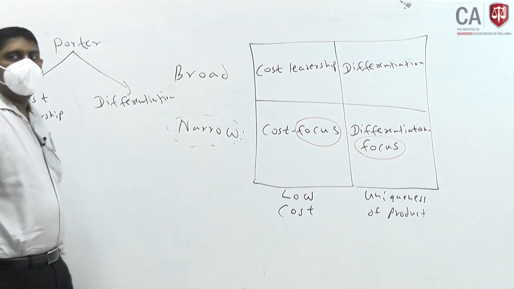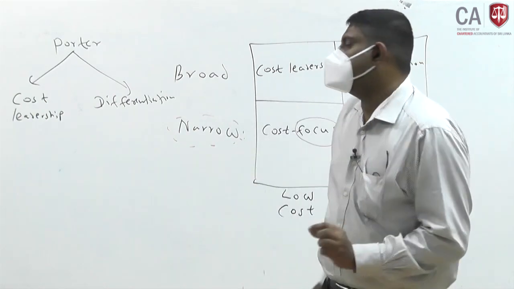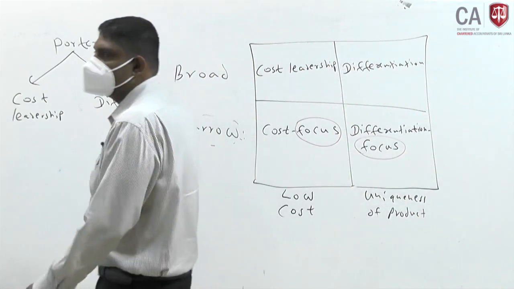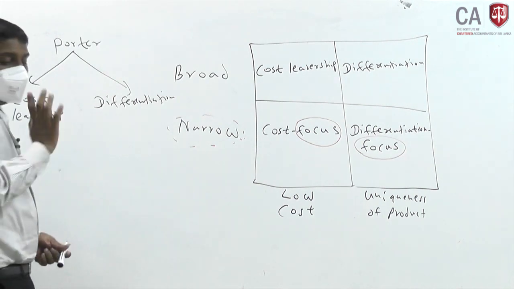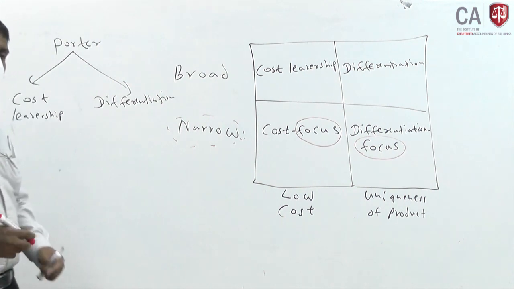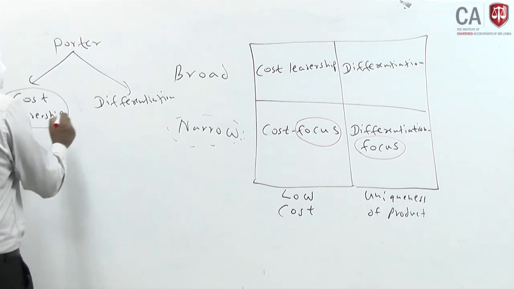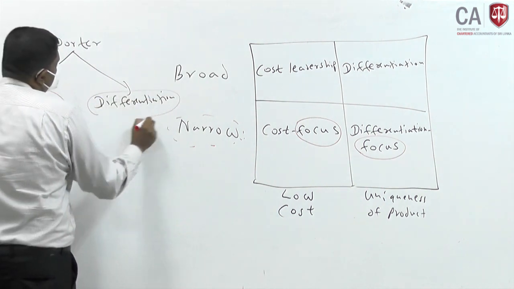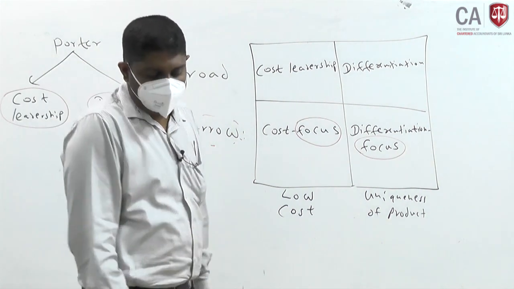For an example, you can't offer a high quality product at a low price, it is not practical. In other words, Porter says at one time a particular organization can apply only one strategy, either cost leadership or differentiation, not practical to mix them.